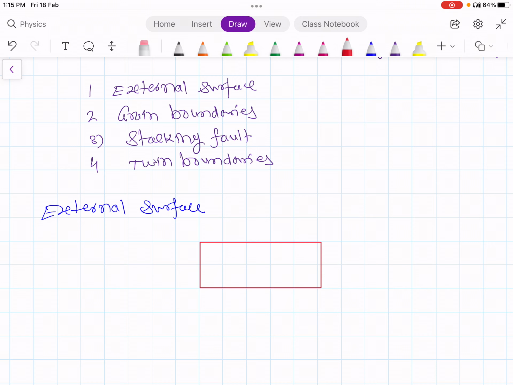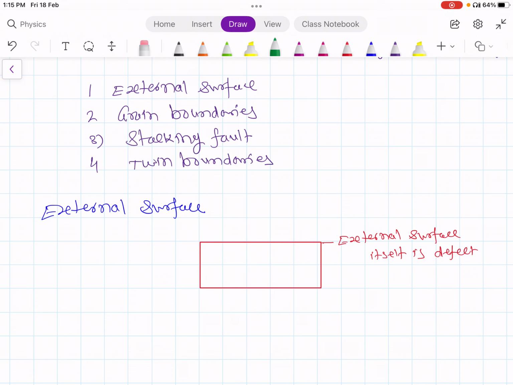It has external surface. This surface is external surface. And this external surface itself is defect. Let's see how come this is a defect.